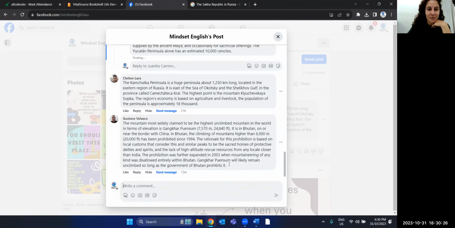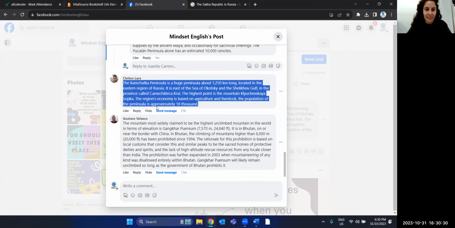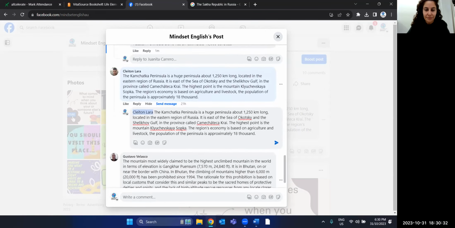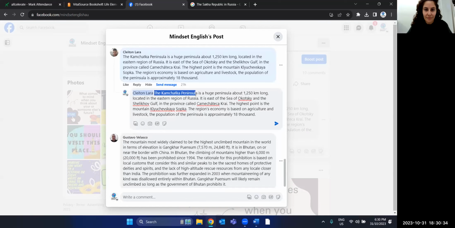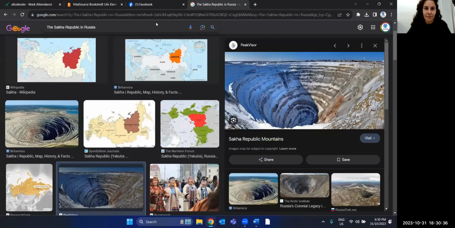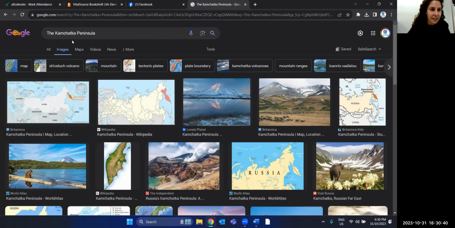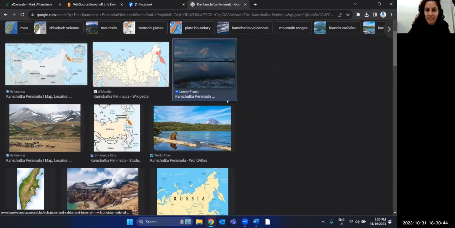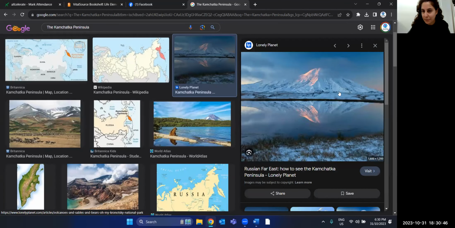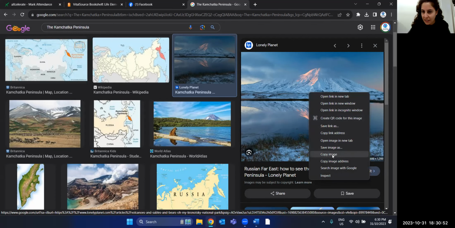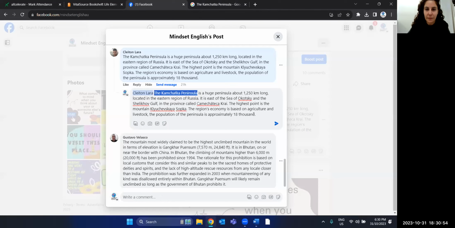Okay, beautiful. Clayton, the Kamchatka Peninsula. So it looks like this place. That's beautiful. I'll see if I could add the image for you maybe.